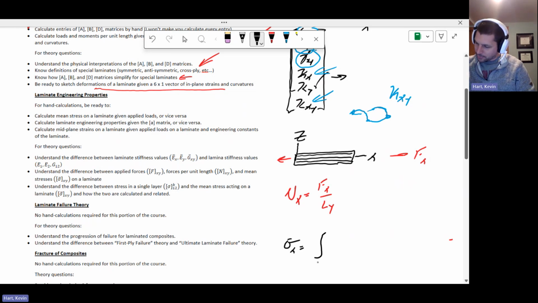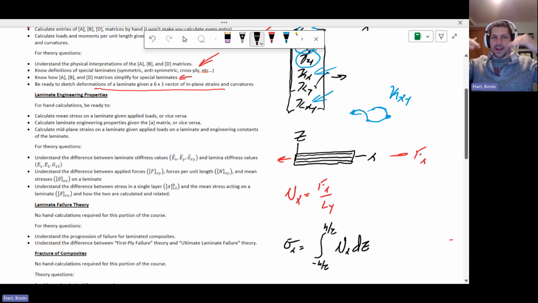So this is the integral from negative h/2 to h/2 of the stress distribution, sigma x dz, sorry, Nx dz. So how much load, and I'm integrating that throughout the entire thickness, and I have to normalize by the total height of the laminate. All right, so this is giving me an average stress.